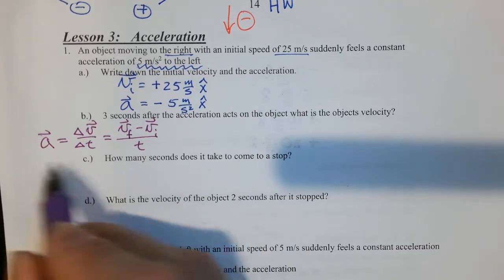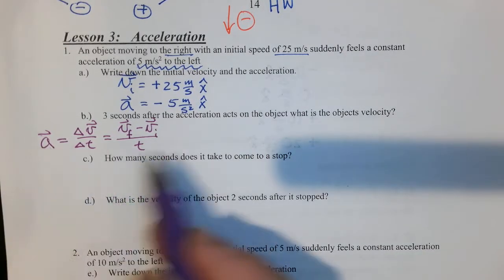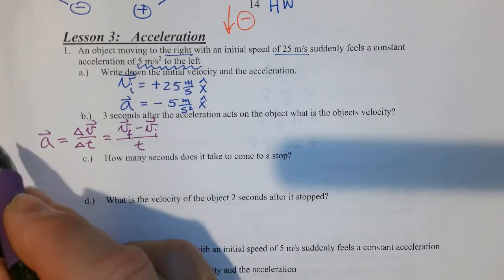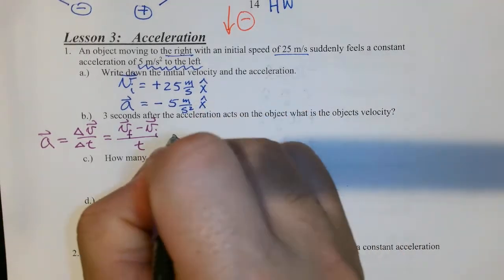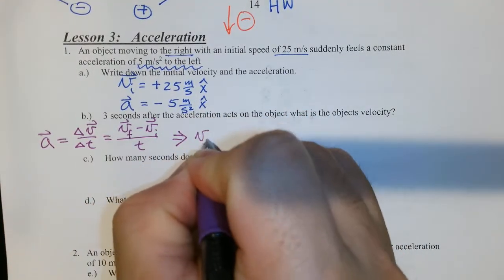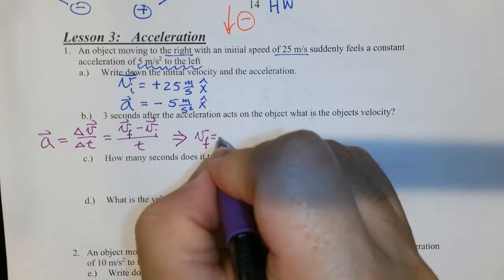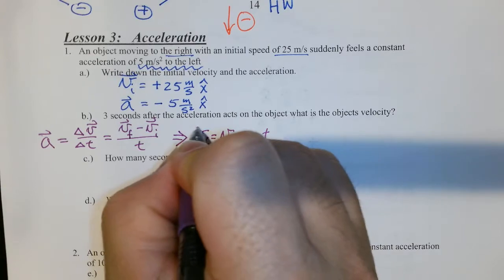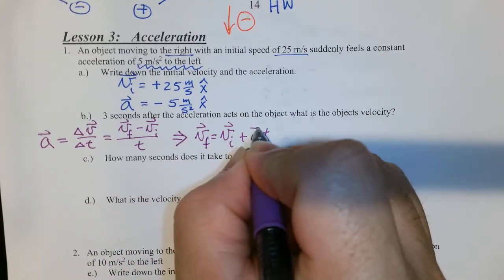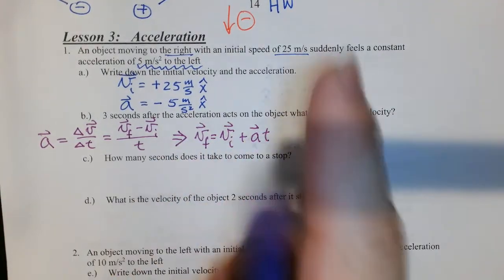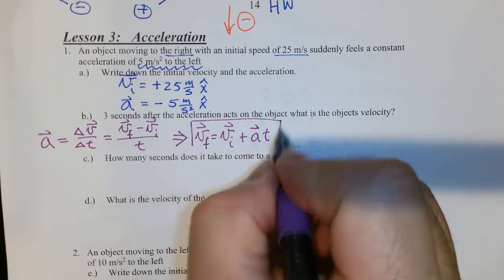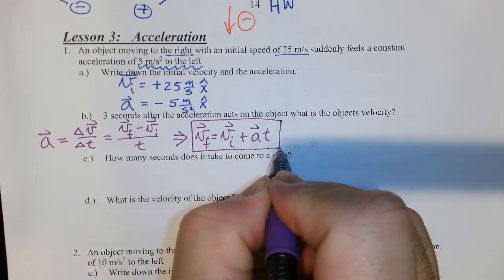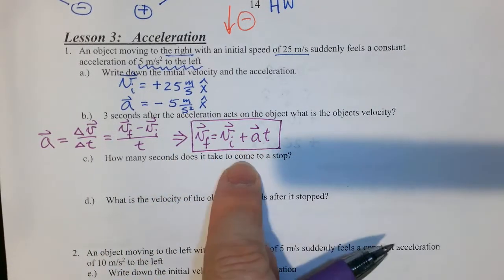If I multiply both sides by time, and bring this negative Vi to the other side of the equal sign, making it positive, I can say Vf is equal to Vi plus At. If you don't know how I got from here to here, come and see me after school and we'll have a nice heart-to-heart talk. All right?